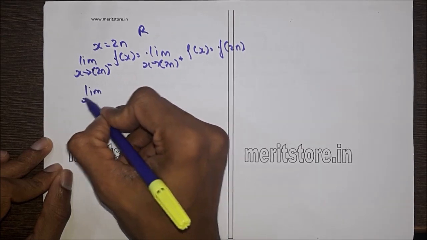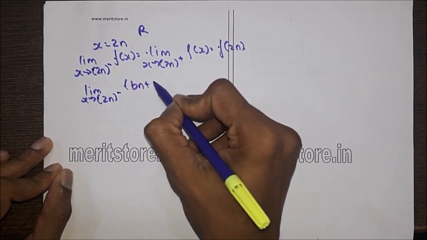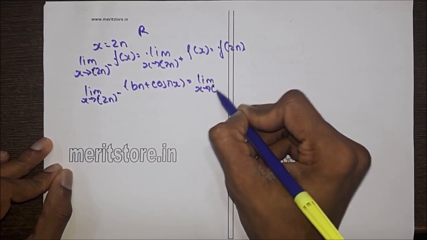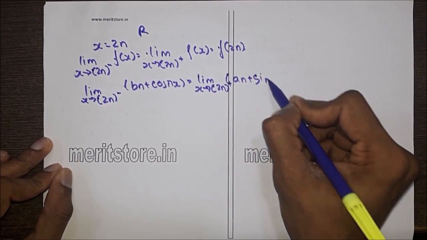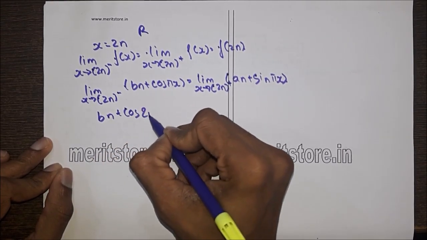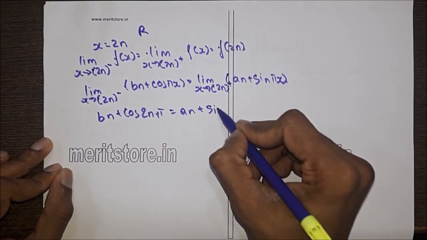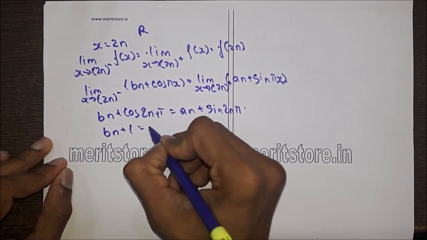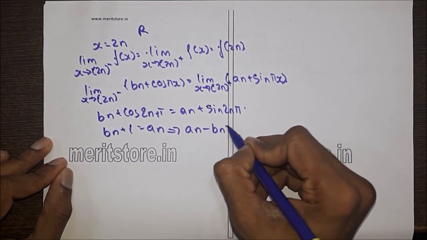We get limit x approaches 2n from the left hand side b_n plus cos pi x equal to limit x approaches 2n from the right hand side of a_n plus sine pi x. Solving, we get b_n plus cos 2n pi equal to a_n plus sine 2n pi. Therefore we write this as b_n plus 1 equal to a_n. So we get a_n minus b_n equal to 1.